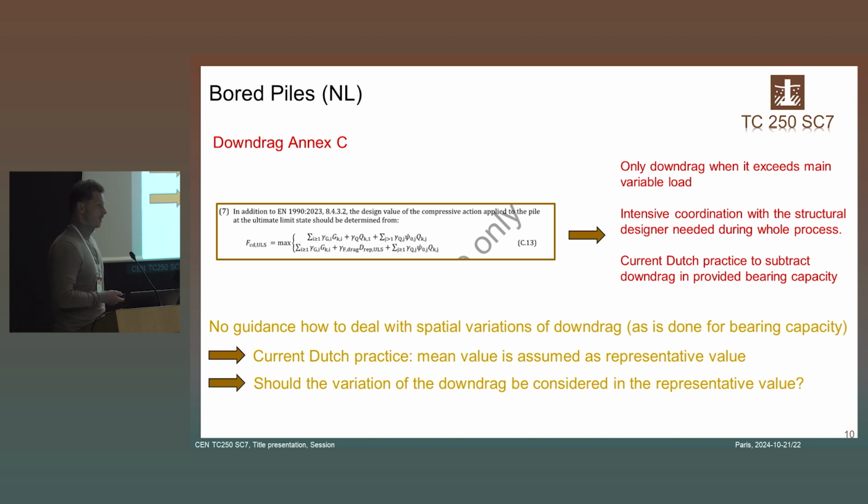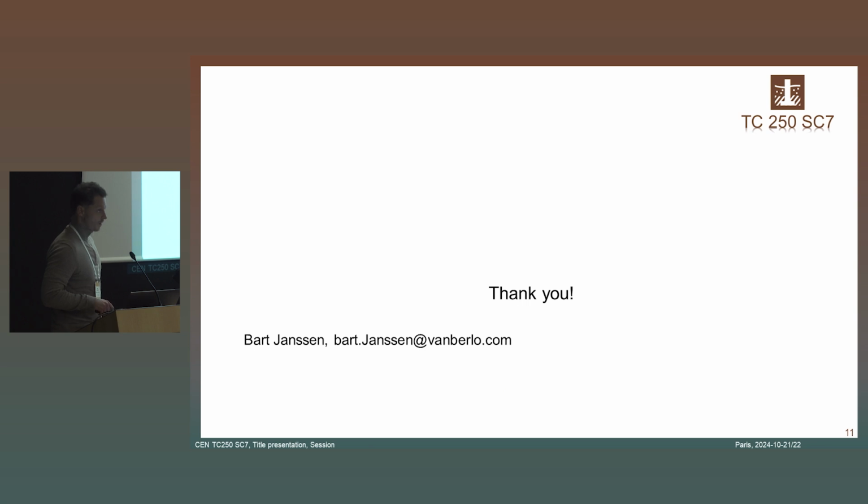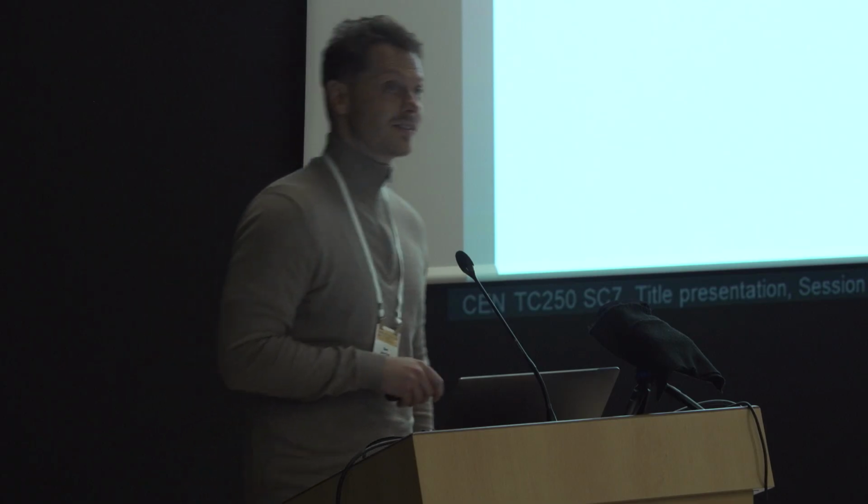But the national annexes can provide something about that as well, such as correlation factors on downdrag, for example. So that is a question we could answer for every country on its own. If you have any questions, I will try to do my best to answer them.